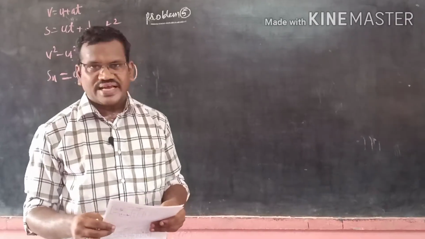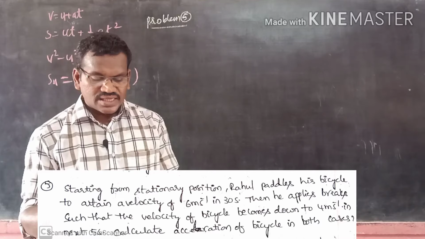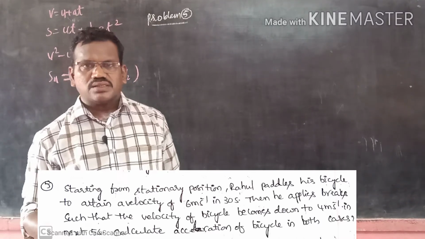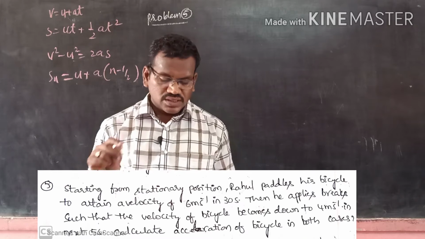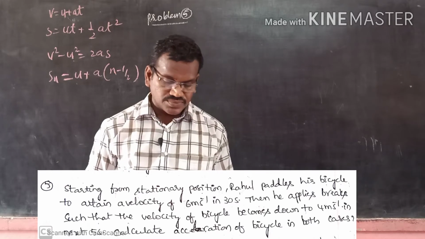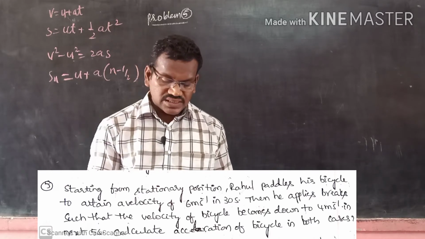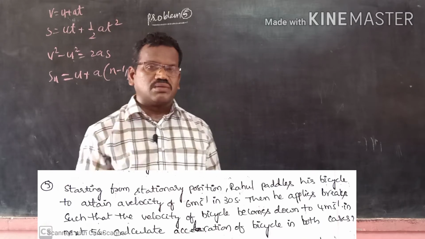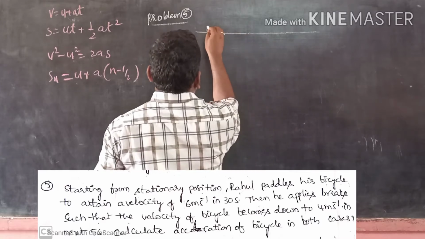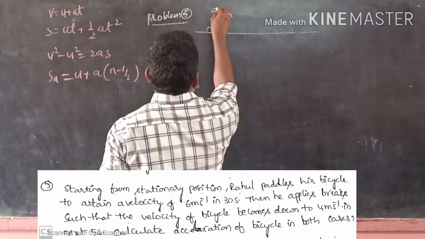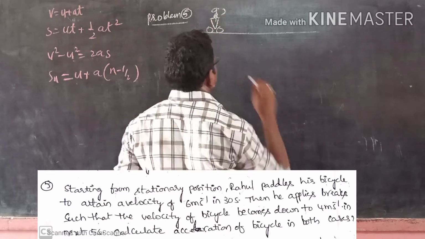Now problem number 5. Starting from a stationary position, which is the clue, means he started from rest. Rahul pedals his bicycle. For this purpose, I am going to draw a diagram. For example, say consider this is the cycle of Rahul.